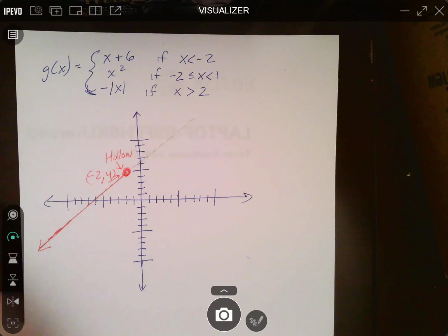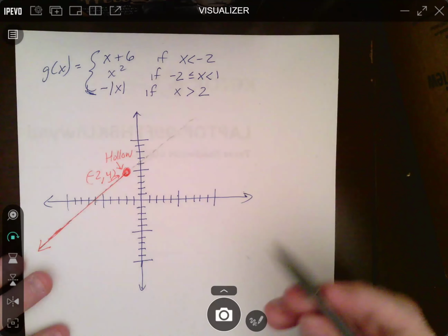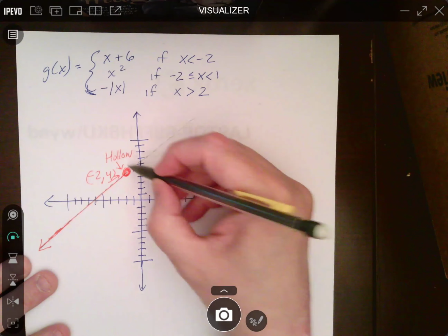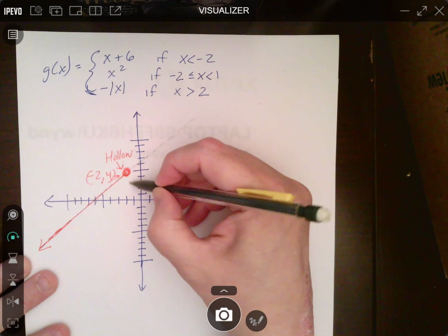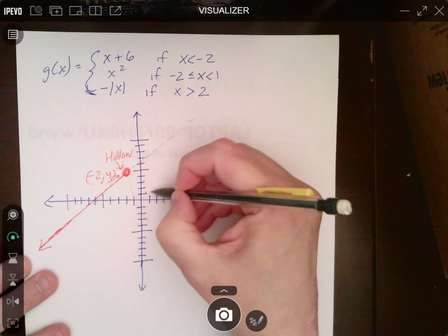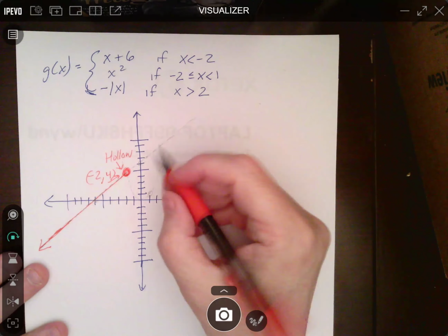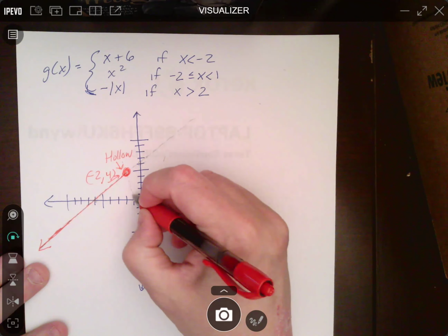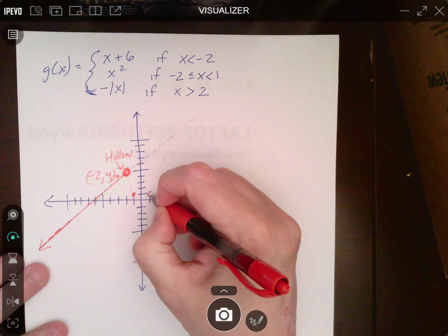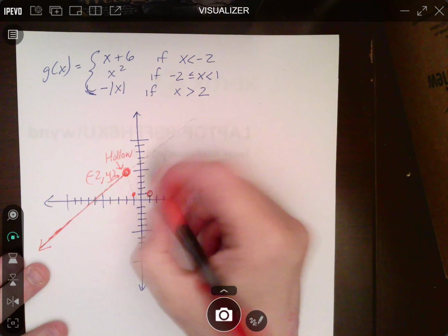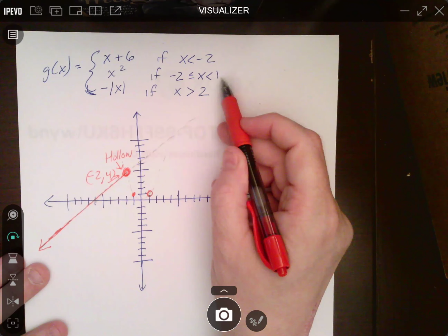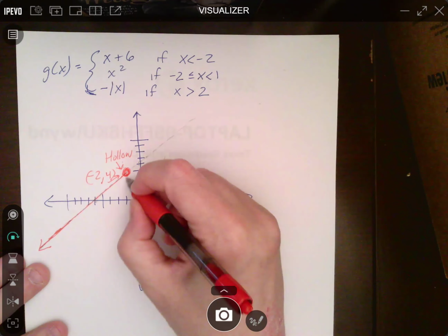And then for -2 to 1, we have a parabola. It goes through that. 1, 1 would be a point, but we don't include 1, so I'm going to put a hollow circle on the 1.